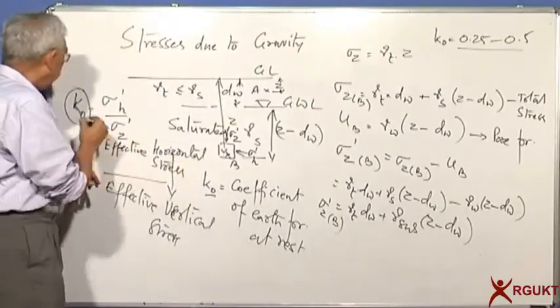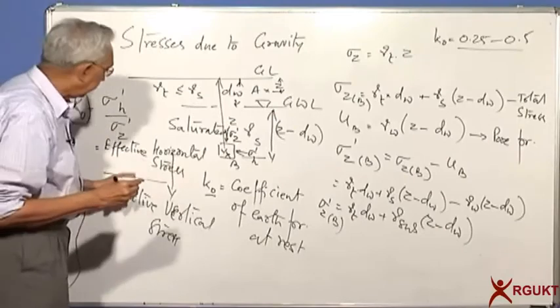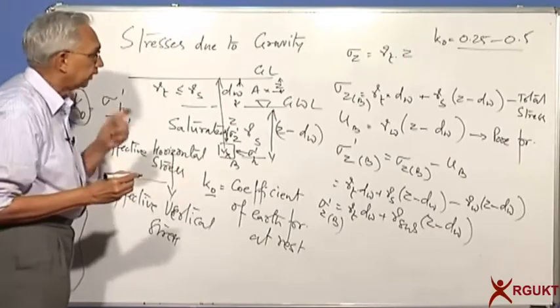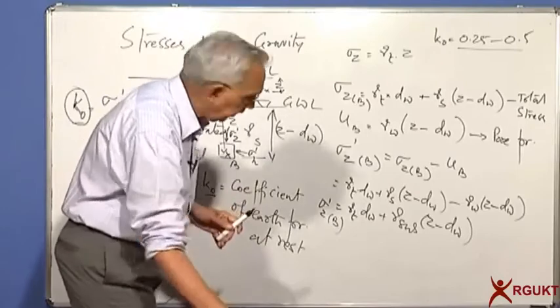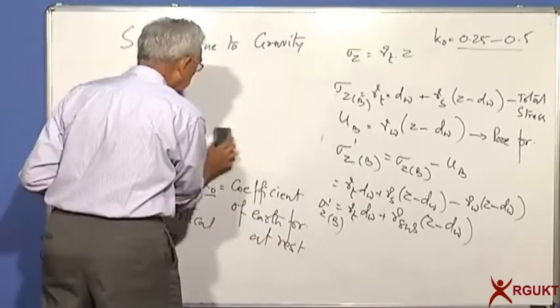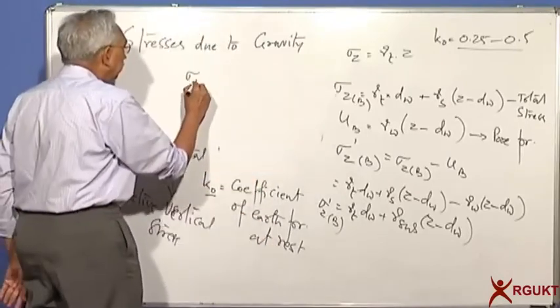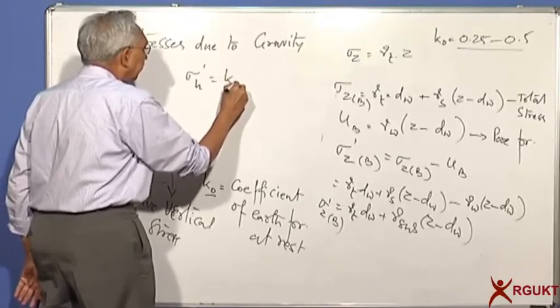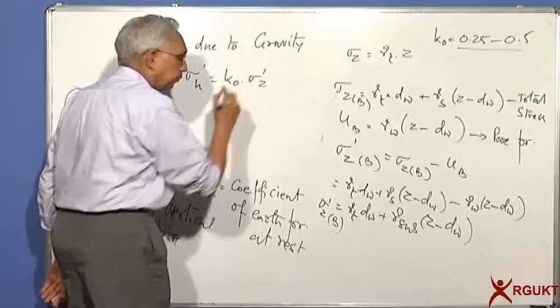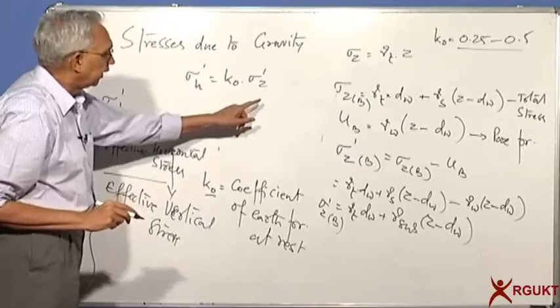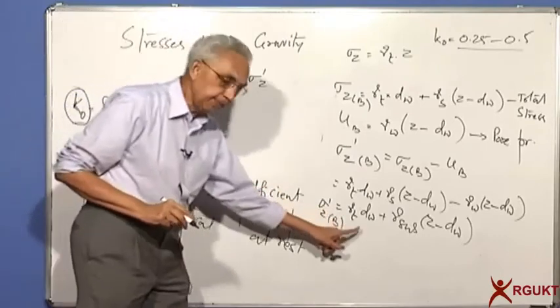If I know the value of K0, then I can calculate sigma H, effective stress. That would be sigma H prime is equal to K0 times sigma Z prime. You know how to calculate sigma Z prime from this expression.